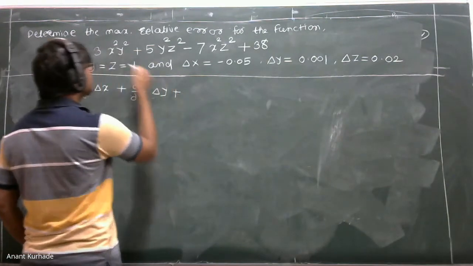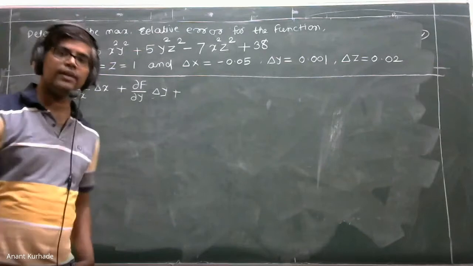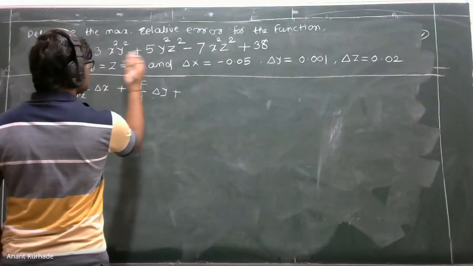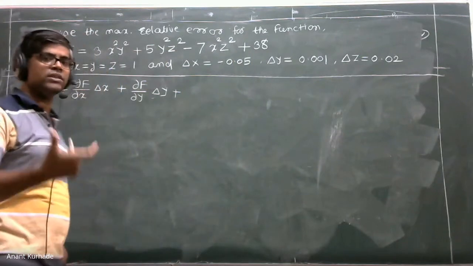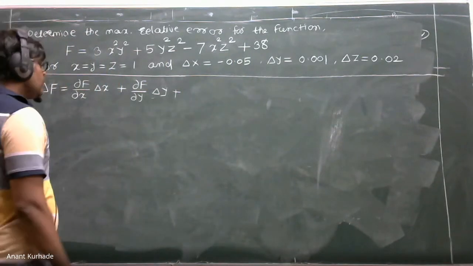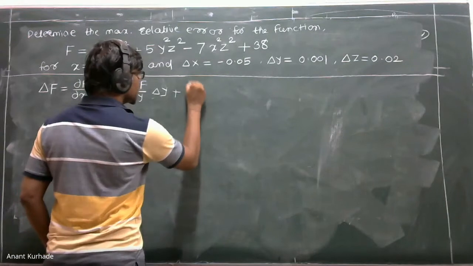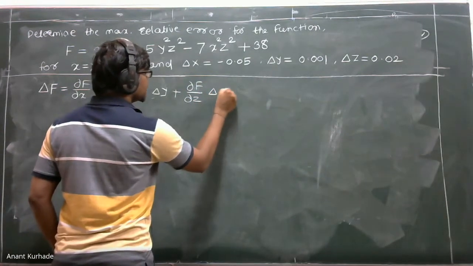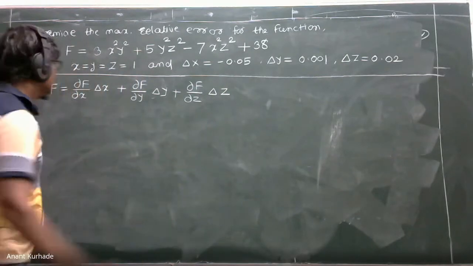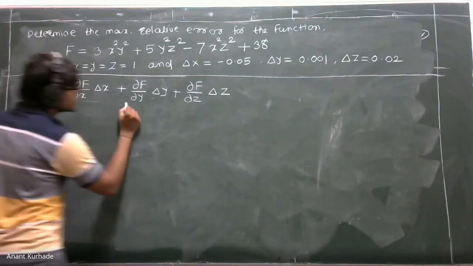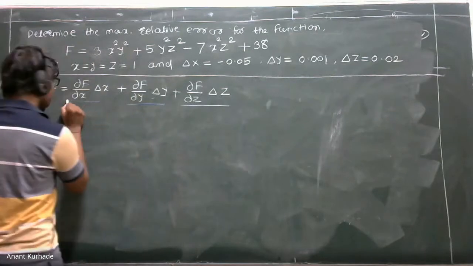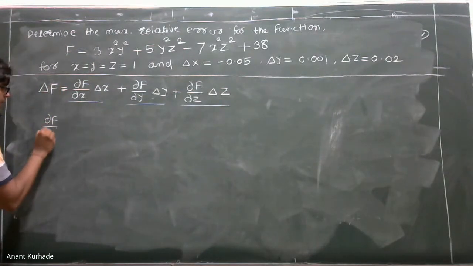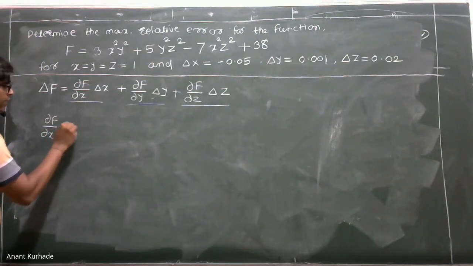Plus, now see, this function is very large, it is not in one spot, so we can calculate separately: partial f with respect to z into delta z. So we will find the first, second, and third separately. We'll take partial f divided by partial x into delta x.